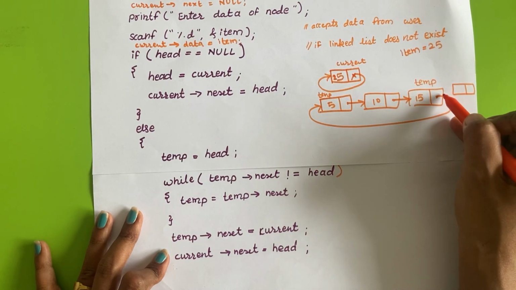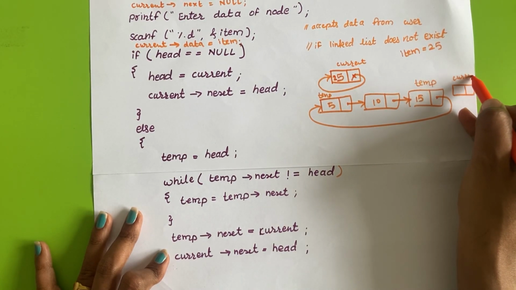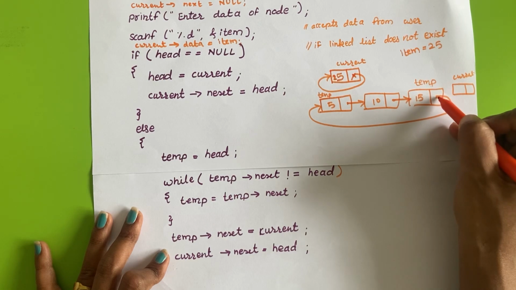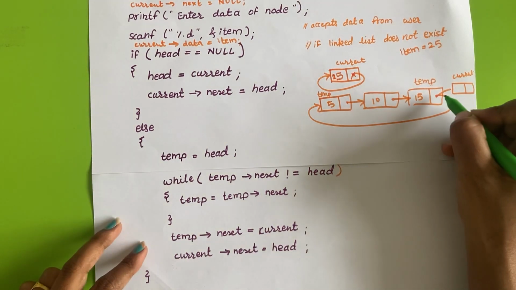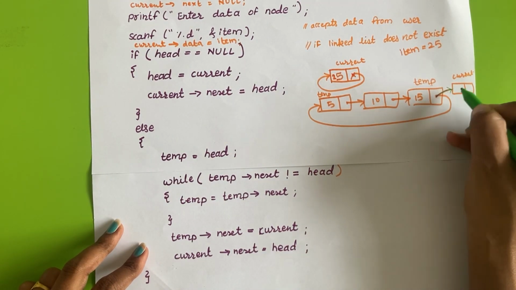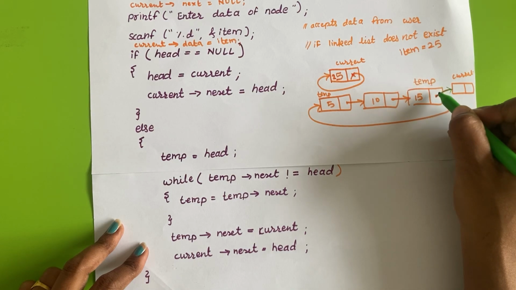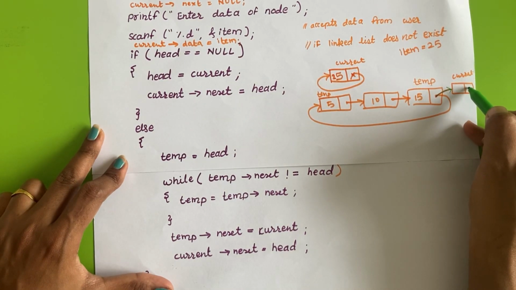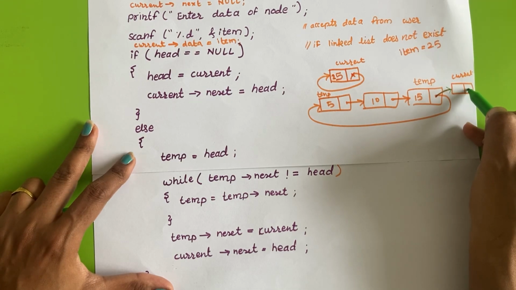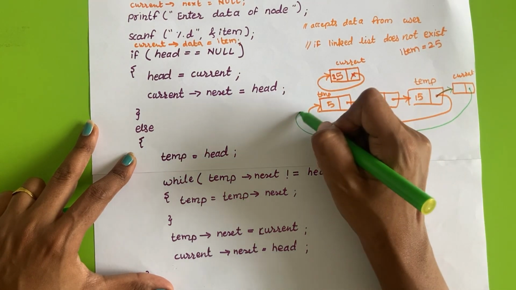We have to update the next field of temporary node to the current node, means we will copy the address of current node in the temp's next field, and the current's next pointer will point to head node.